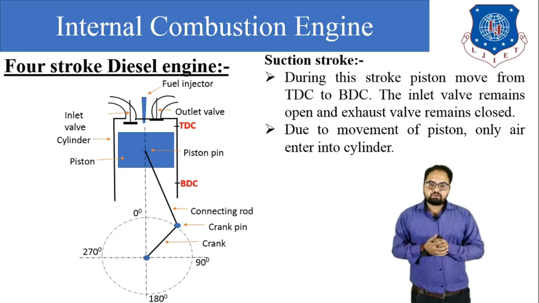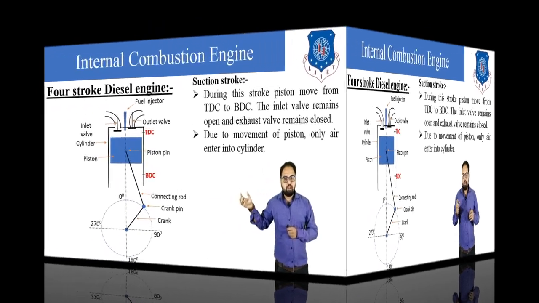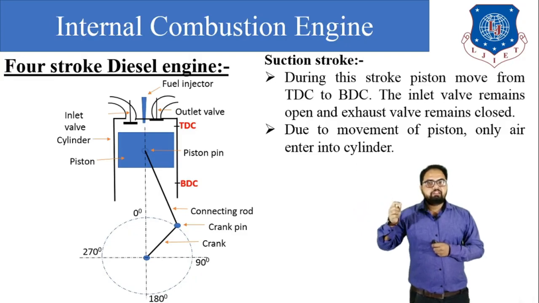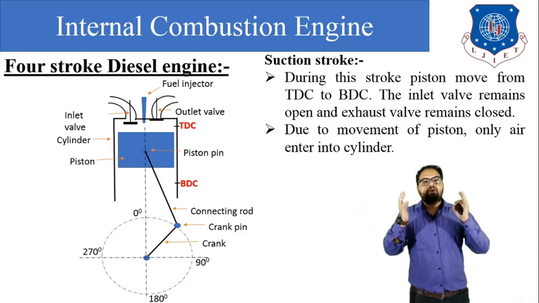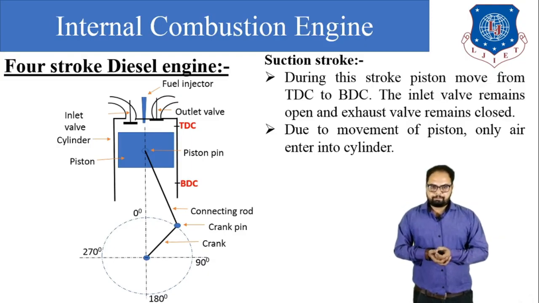During this whole process the inlet valve remains open and the outlet valve remains closed, and due to this negative pressure only atmospheric air enters inside the cylinder and fills the whole cylinder with atmospheric air.